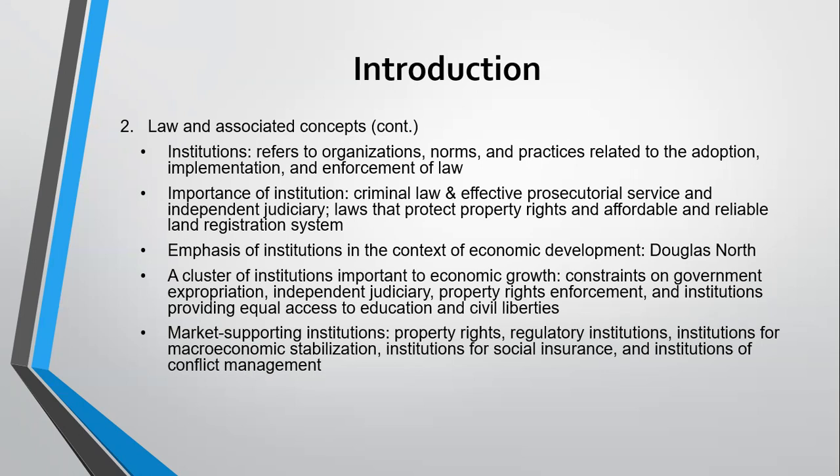And there are also market-supporting institutions: property rights, regulatory institutions, institutions for macroeconomic stabilization, such as working central banks, and institutions of social insurance. So in the US, the Social Security Administration would be an example. In other countries, there are similar institutions that provide social insurance. And also institutions of conflict management, and the most important institutions that fulfill that role would be the courts of law.